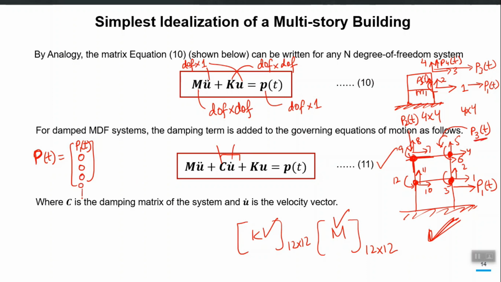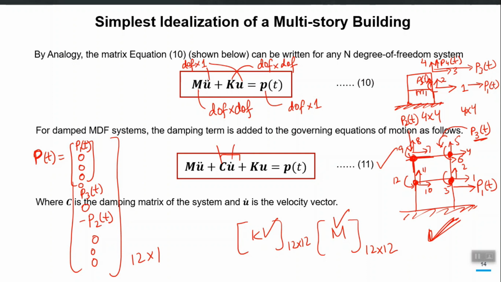So 0, 0, P3, and then 7 has no force, but 8 has a force which is negative because it is in the downward direction. So it will be 0, minus P2 of t, and all other remaining degrees of freedom are 0, so 10, 11, 12 are 0, 0, 0. So this will be the 12 by 1 vector, right.